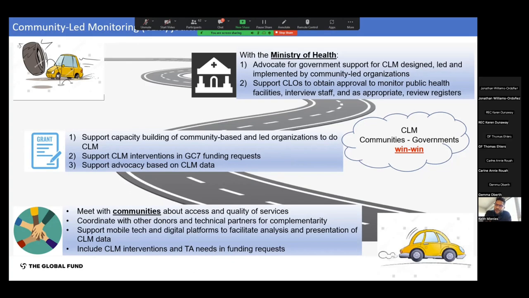From the Ministry of Health perspective, or whichever state entity supports and delivers health-related programming, it's very important for government to support CLM from the get-go. This includes, of course, adhering to and supporting the principles that community-led monitoring is led and owned by the community and civil society at large. And of course, facilitating access to key partners and health service delivery sites, to interview staff, to review registers or some key information at the level of the facility.